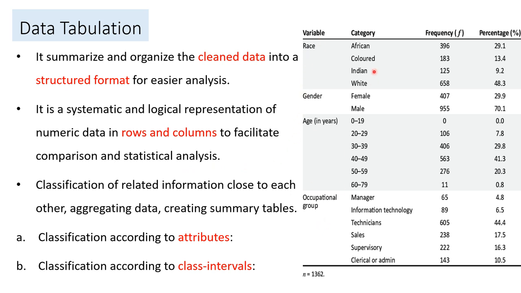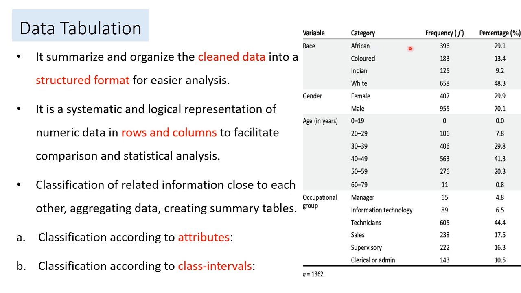As you see here, we form rows and columns based on different attributes of the data. Related information is classified close to each other. For example, race categories such as African, colored, Indian, and whites are placed close to each other to ease comparison.